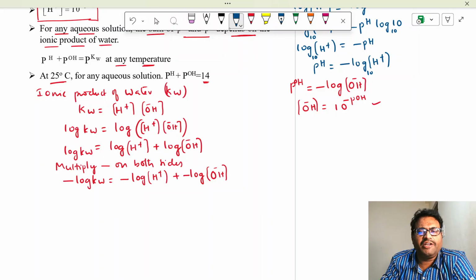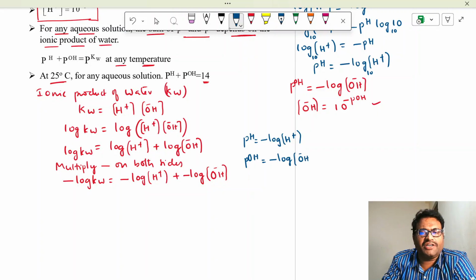We know that pH is equal to minus log H plus ion concentration. pOH is equal to minus log OH minus ion concentration. And we can write in the same way pKw is equal to minus log Kw. All are base 10.